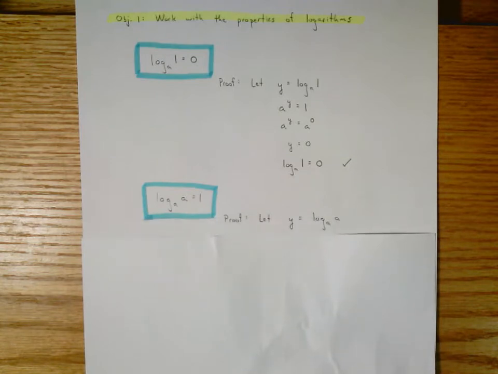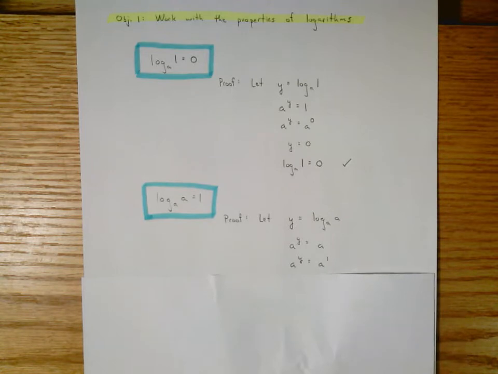To prove this, I'm going to follow a very similar format to the one above. Let y equal log base a of a. Use the definition of logarithms to rewrite that in exponential form. If I want to solve an exponential equation, I'd love to write it with two equal powers with equal bases. So obviously a can be written as a to the first.